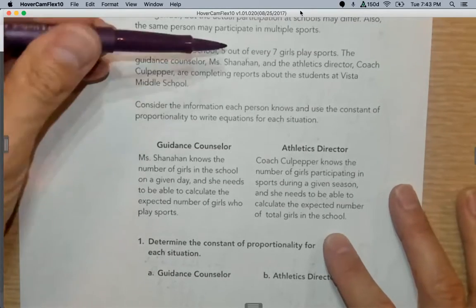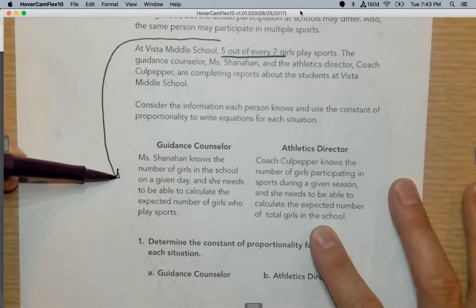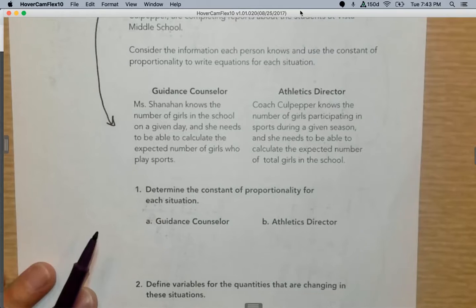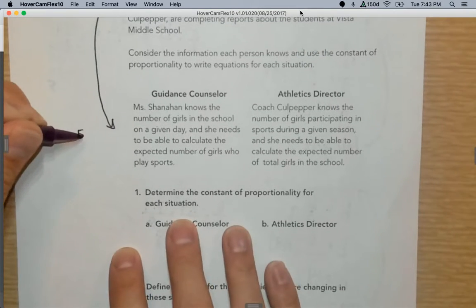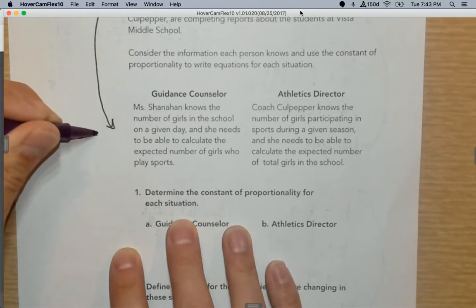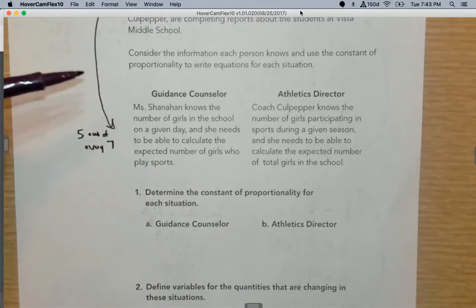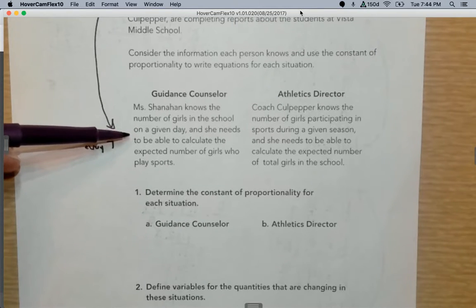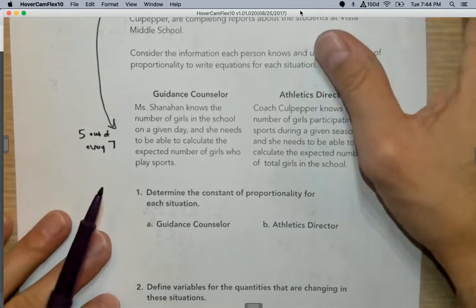And so I'm using this information right here to help with these down here. So first, our guidance counselor, Miss Shanahan. So I'm doing 5 out of every 7. Miss Shanahan knows the number of girls in the school on a given day, and she needs to be able to calculate the expected number of girls who play sports.